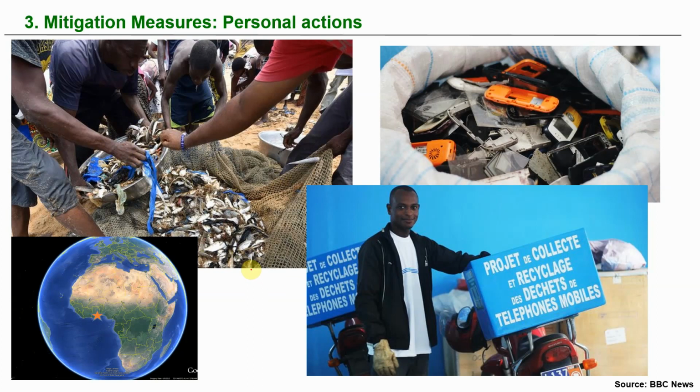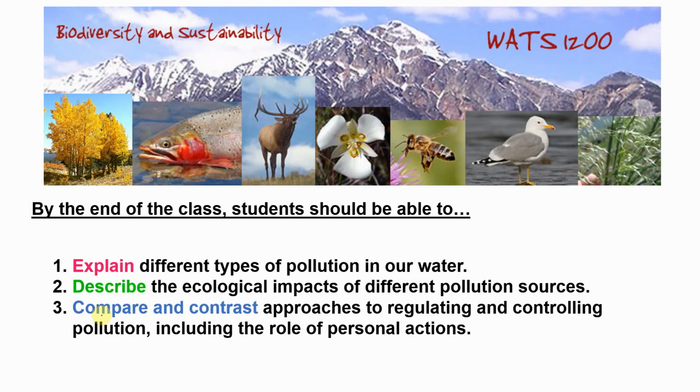The vast majority of all the cell phones in the world that are recycled end up in this area of West Africa. So this one little country down here is the number one cell phone recycling place, and has totally changed the entire economy from one dependent on subsistence fishing to recycling.